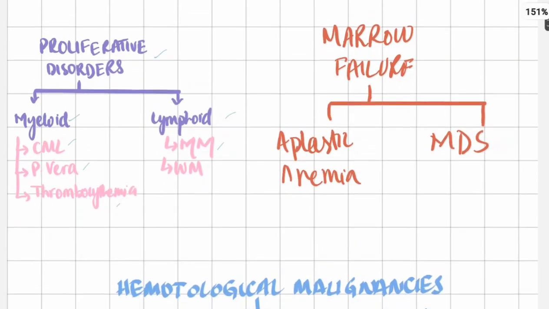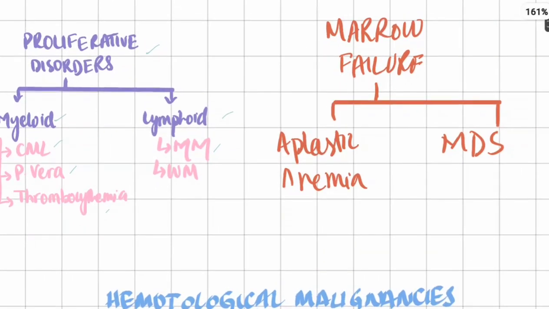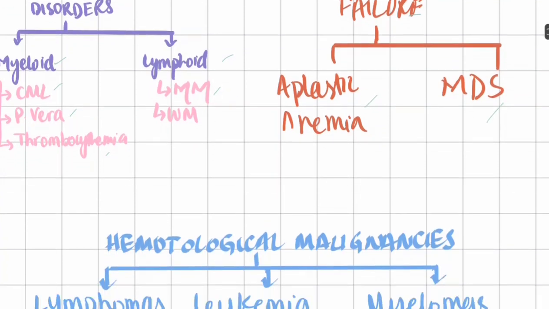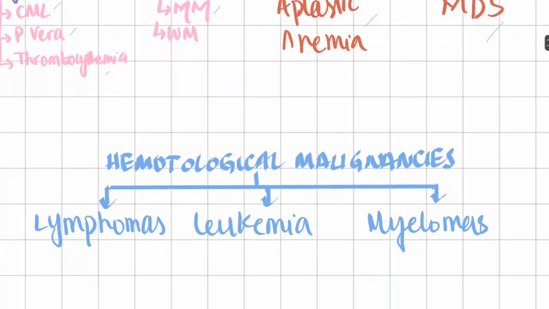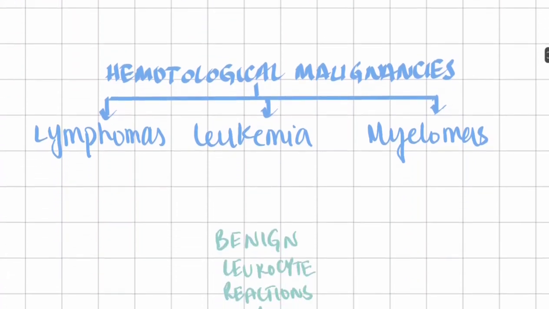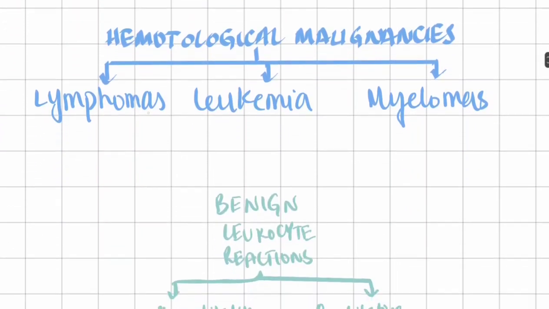If there is anything related to marrow failure, we have aplastic anemia and myelodysplasia, or myelodysplastic syndrome. If we talk about other malignancies, we have lymphomas, leukemias, and myelomas.